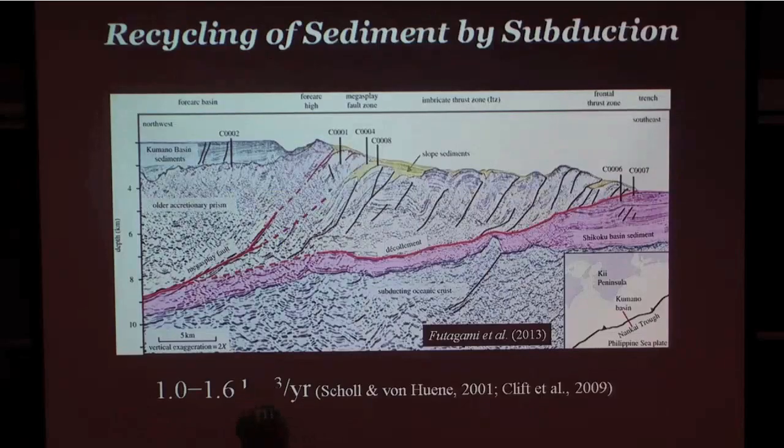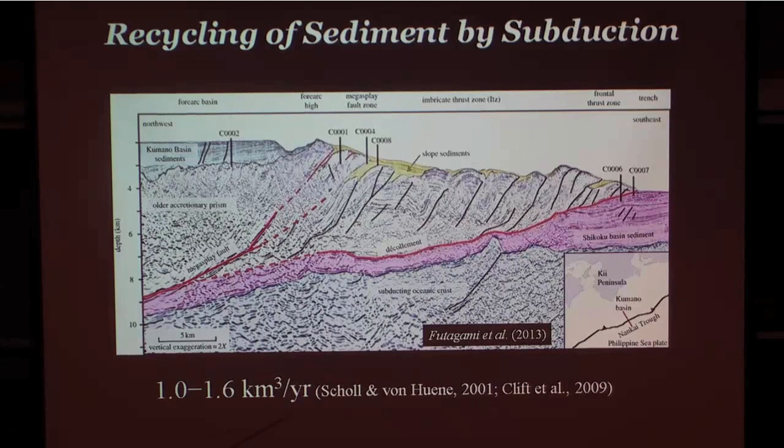All right. Other processes that return continental material into the mantle. Sediment subduction. So here's a nice reflection image from Fudogami et al. And it's this kind of thing that makes people think that sediments are subducted.